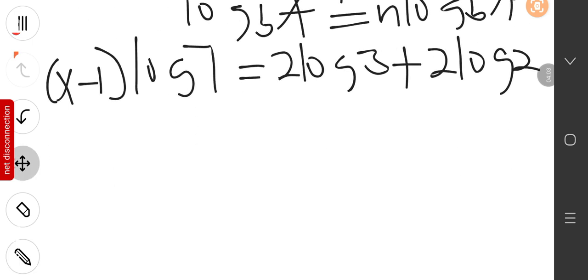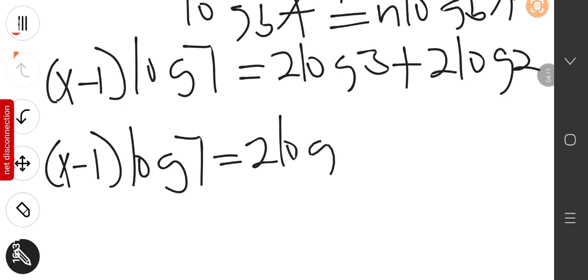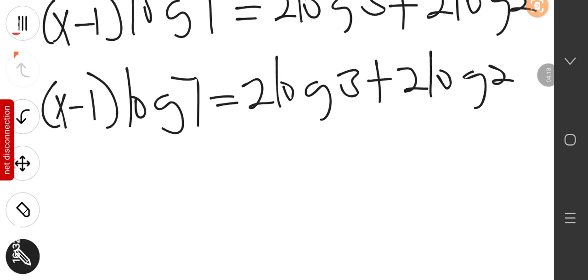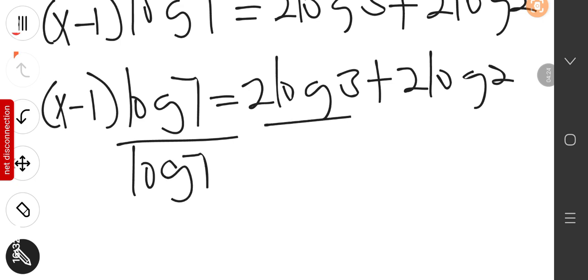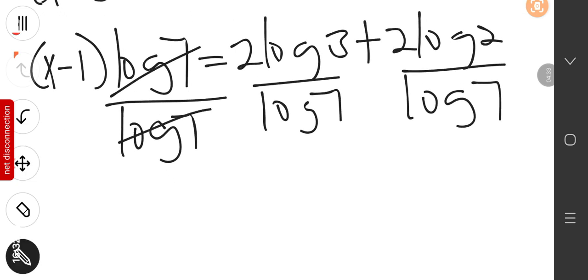So we're going to have x minus 1 log 7 equals 2 log 3 plus 2 log 2. Let's divide the terms of the equation by log 7, here by log 7, here by log 7. So this part will cancel this.